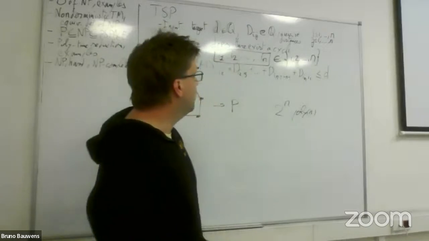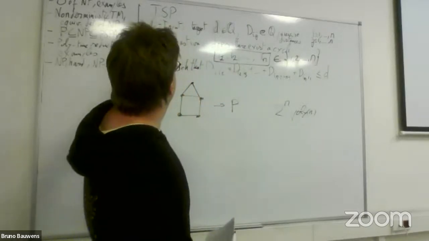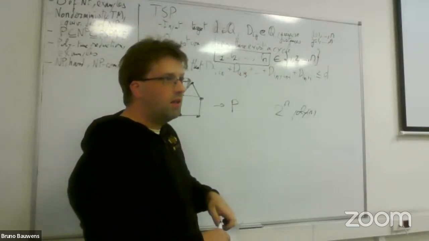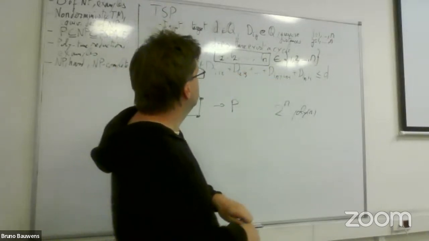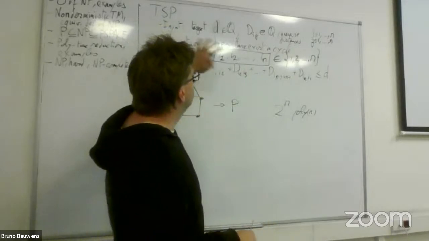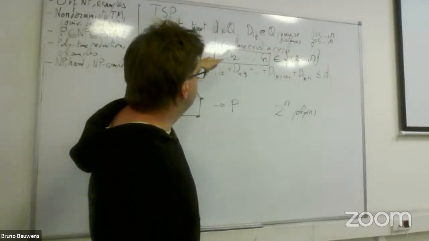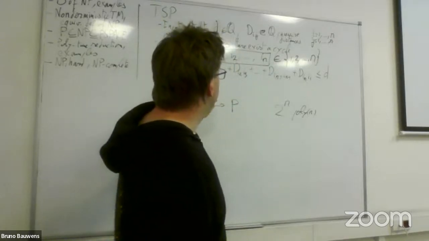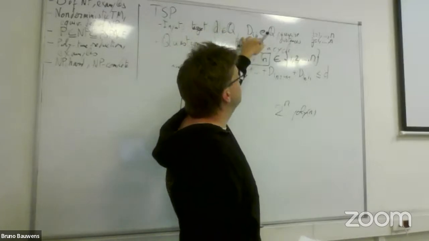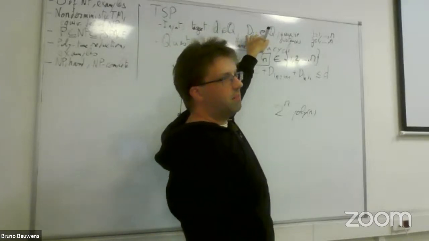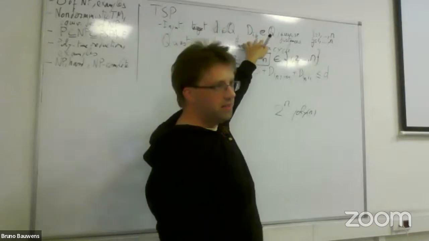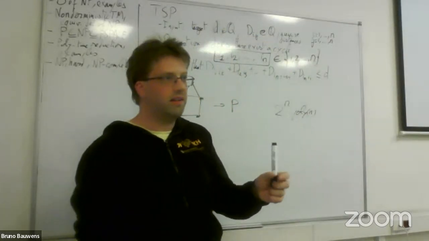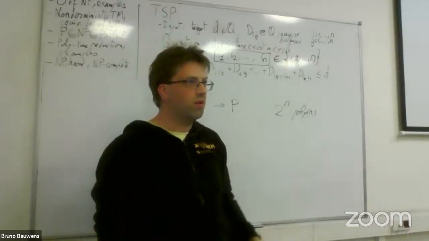But for the traveling salesman problem, this question makes sense. It depends on the details. The question is what you want for the distances. You can satisfy triangle inequality and still be strongly NP hard.